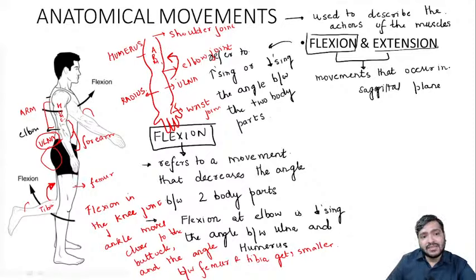Here in the thigh region we have the femur, in the leg we have the tibia, and the angle between these two is getting smaller. So that is flexion in the lower limb as well.